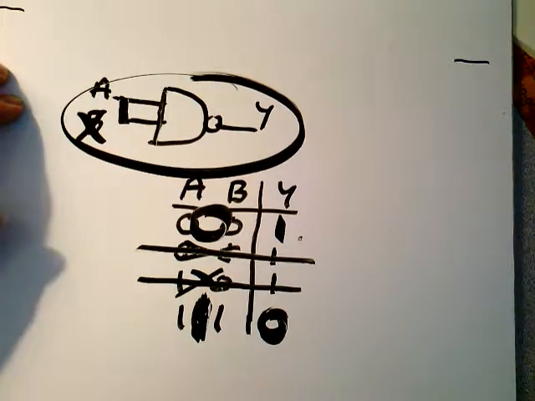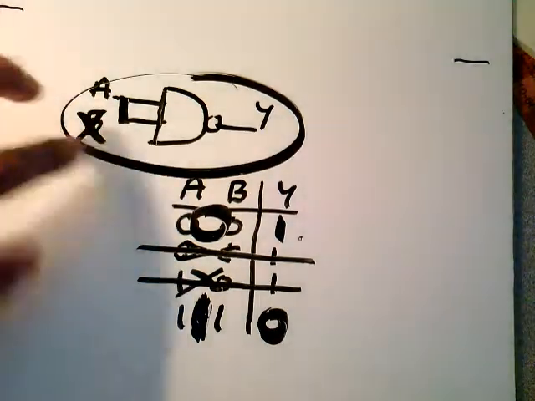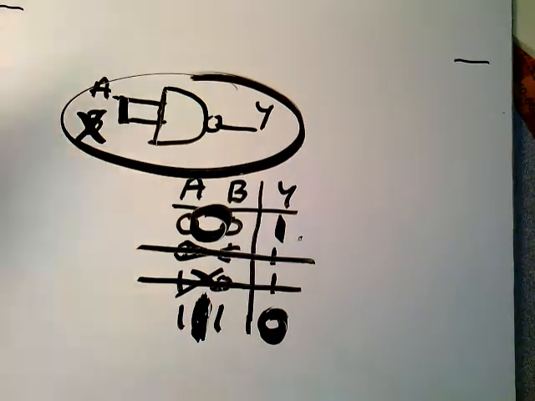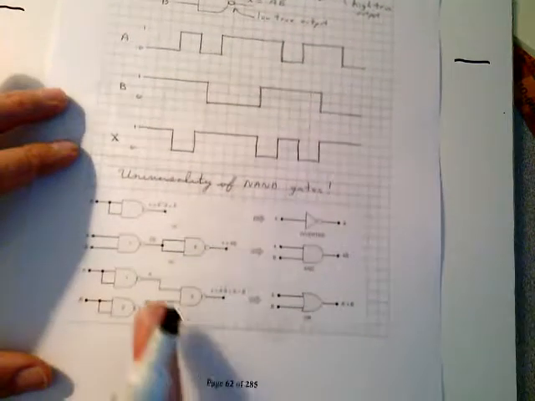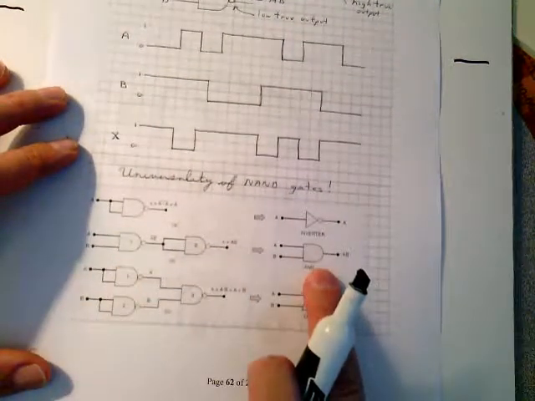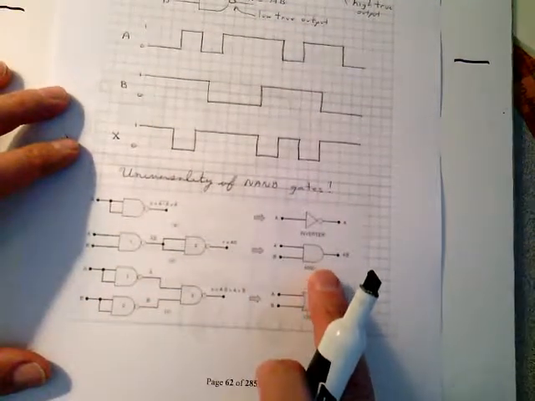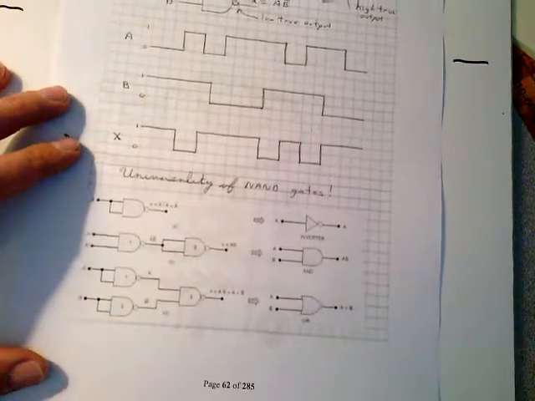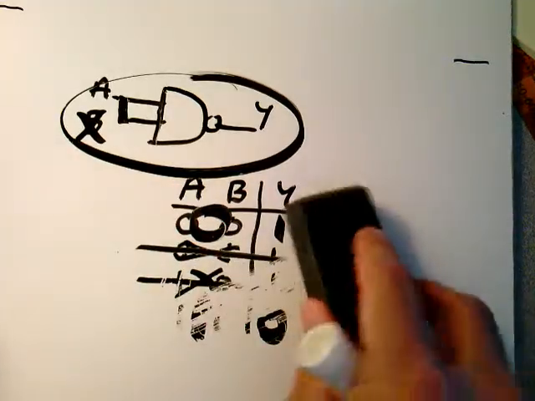If you don't have any 7404 packages handy, use the 7400 package, take one of the NAND gates, and build an inverter out of it. If you take a look down here, how do you make an AND gate out of NAND gates? Well, that's pretty easy.